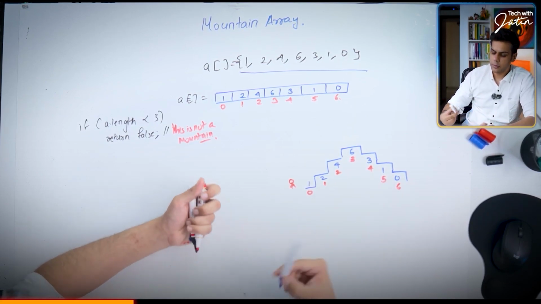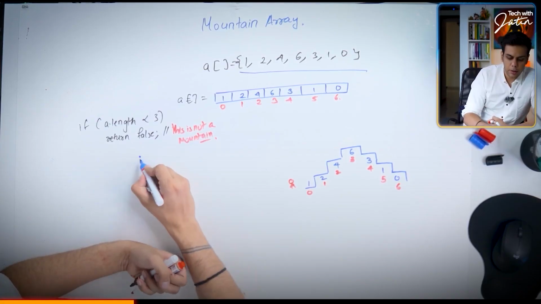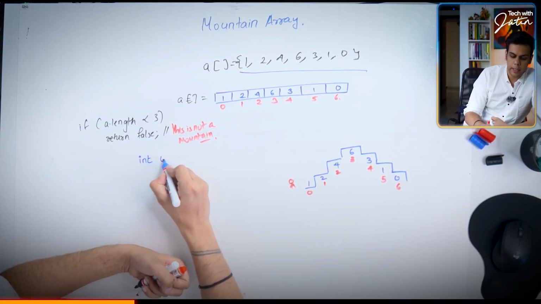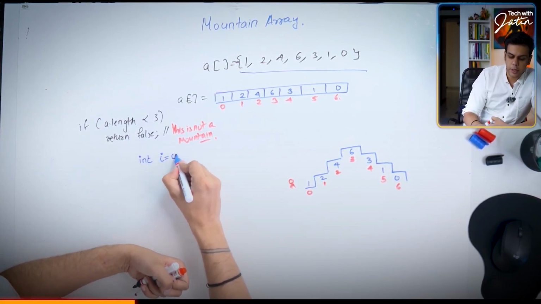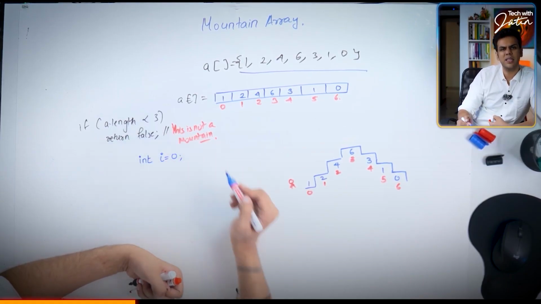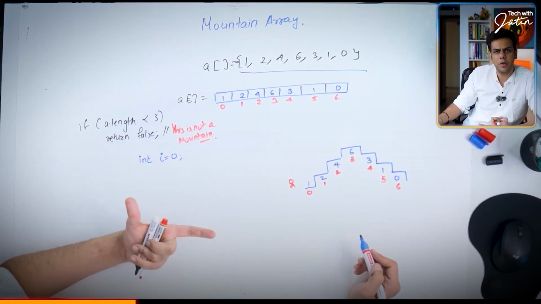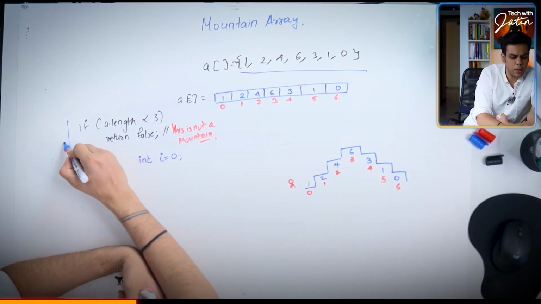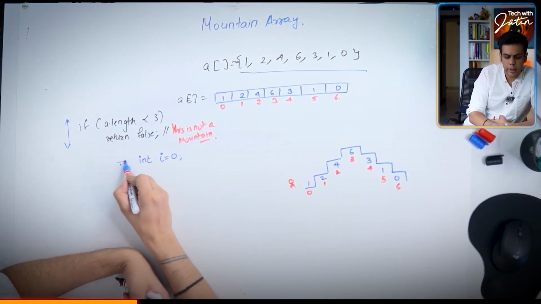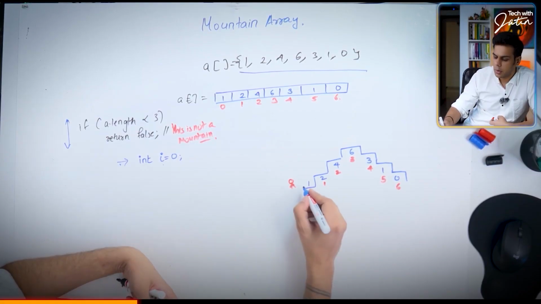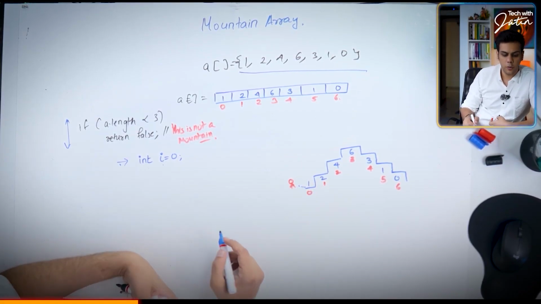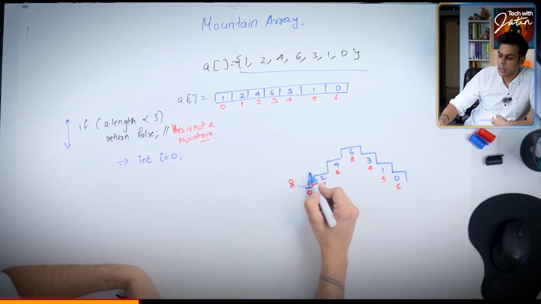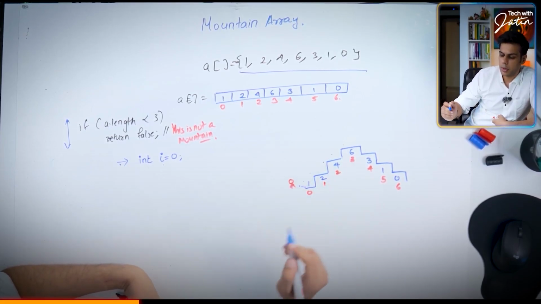I'm going to create a variable called integer I, initialized with 0, once I know that the length is greater than or equal to 3, that is, it can be a mountain array. So first I'll do a length check. Then I'm going to create a variable int I equal to 0. So we are over here, focusing on this particular element. What we are going to do is start climbing up this particular mountain.